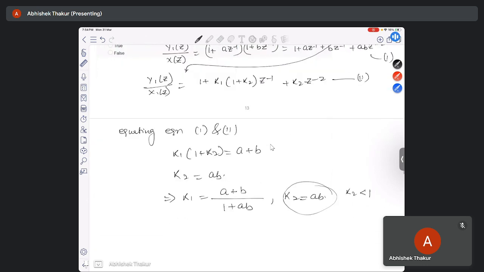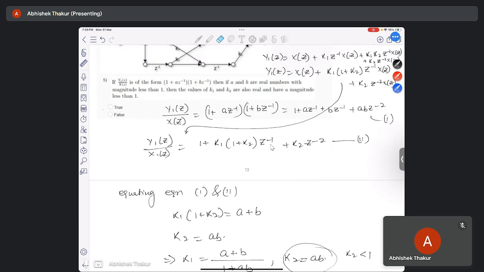Let's take a value 0.6 plus 0.4 divided by 1 plus 0.24. This will be equal to 0.1 divided by 1.24. This is also less than 1. So let's put validation. I have taken some two random values. So option A is the correct answer. That is true. Okay.